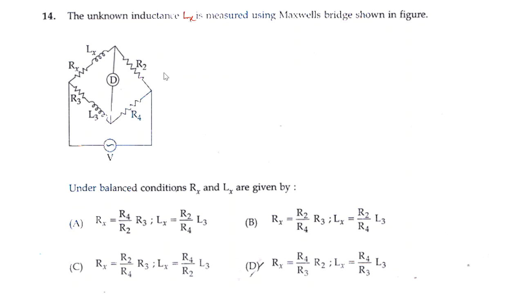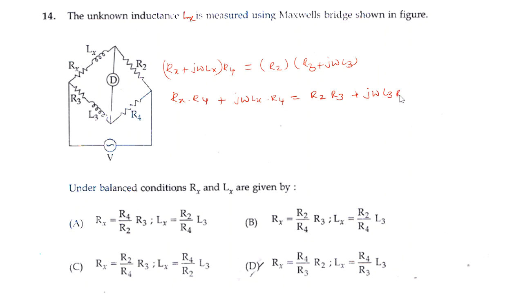It is Rx plus j omega Lx, multiplied by the opposite term R4, which is equal to R2 into R3 plus j omega L3. Simplify this equation: Rx into R4 plus j omega Lx into R4 is equal to R2 R3 plus j omega L3 into R2.